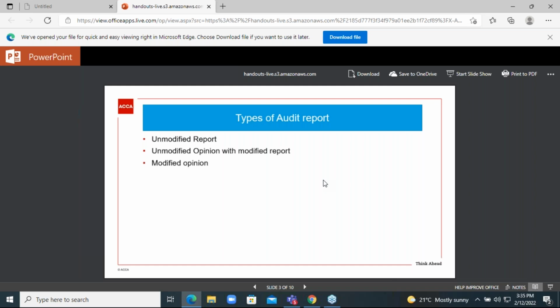So there are three types of audit reports: unmodified report, unmodified opinion with modified report, and modified opinion. Now, what is an unmodified report? Under the head of unmodified report, the auditor gives the opinion that the financial statements give a true and fair view.